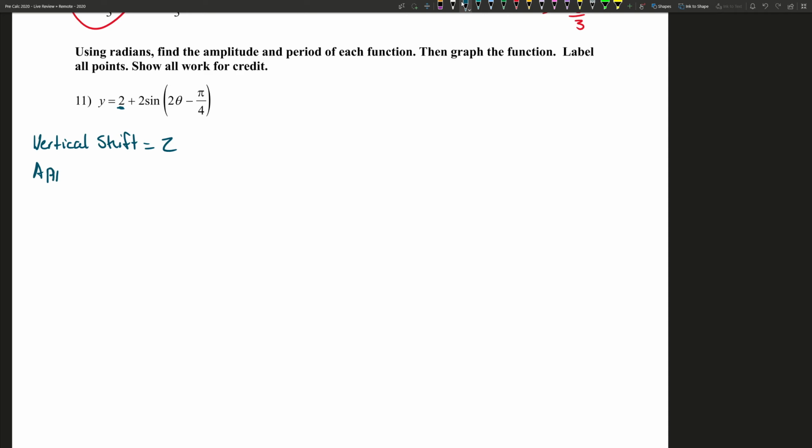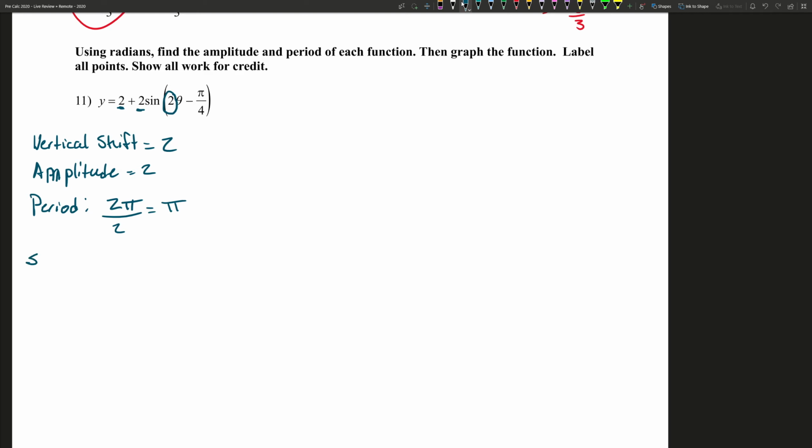It's also going to be 2 because of this number. We need a period. That is going to be 2 pi over whatever's attached to theta. So 2 pi over 2, which is just pi.